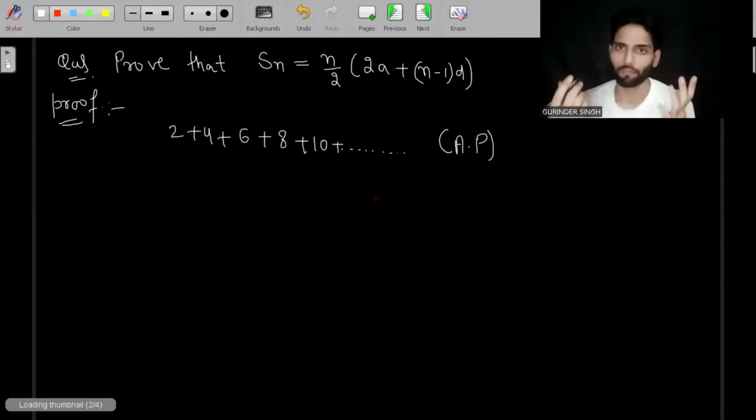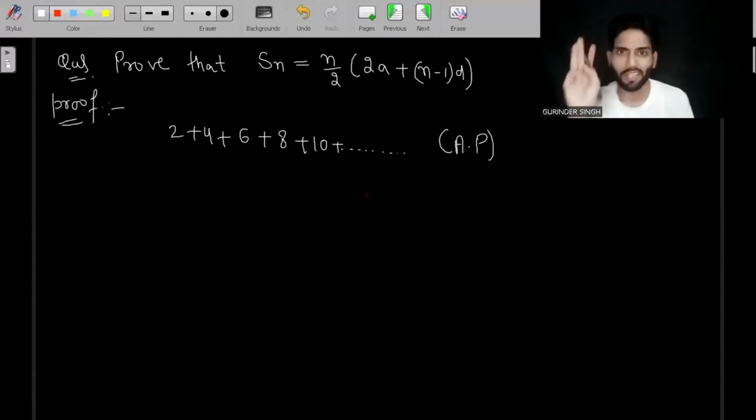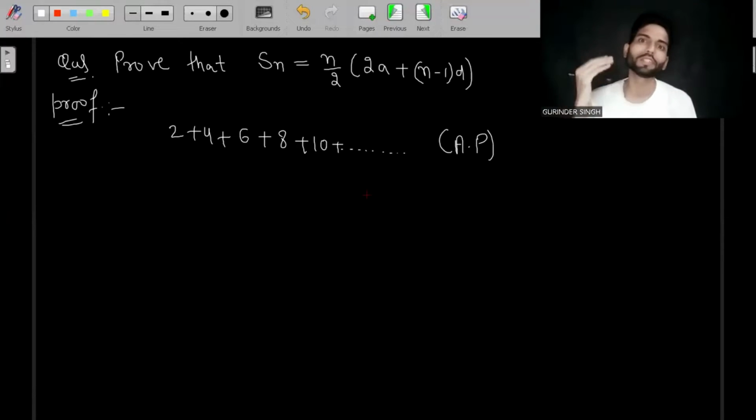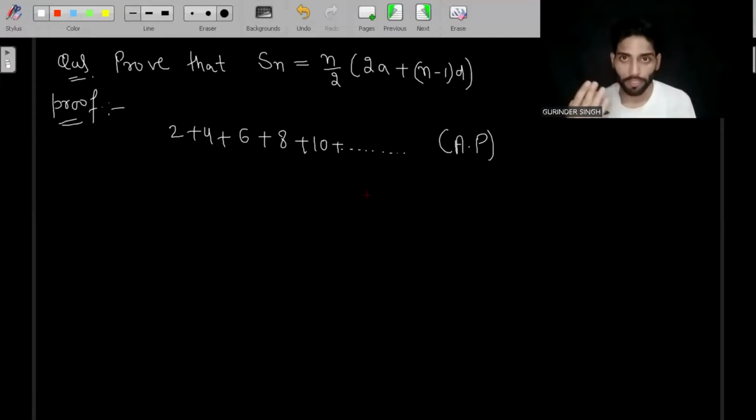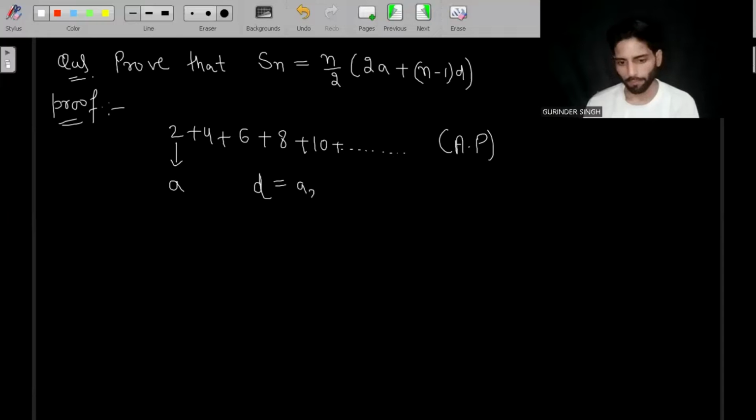What is the specialty of an AP? There are three things you have to look at. The first term, A, and D, the common difference. The common difference is A2 minus A1, where this is A1, this is A2, this is A3, and so on.